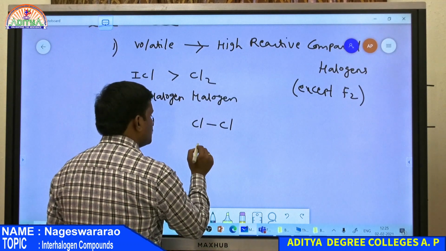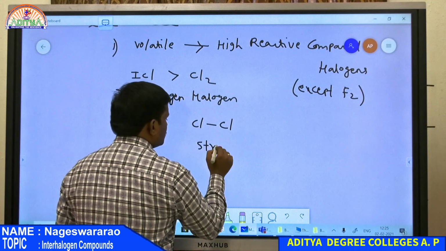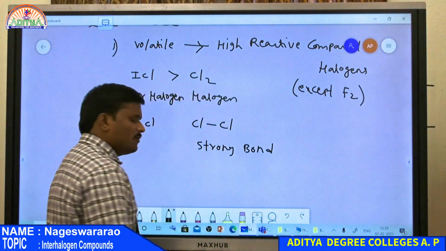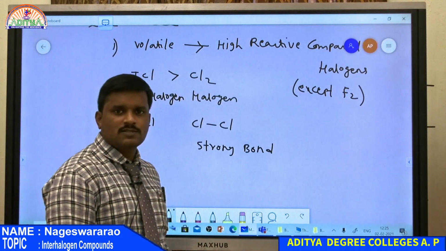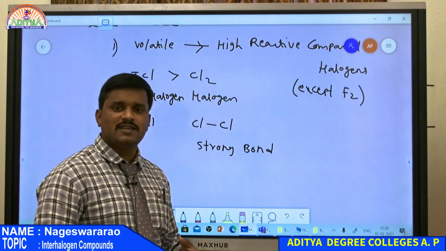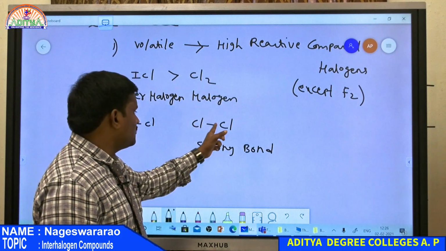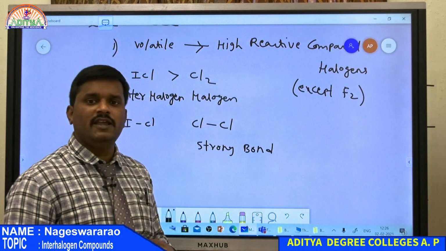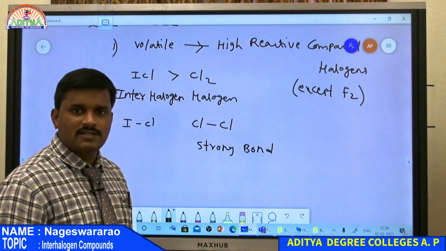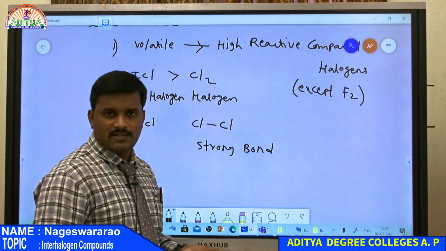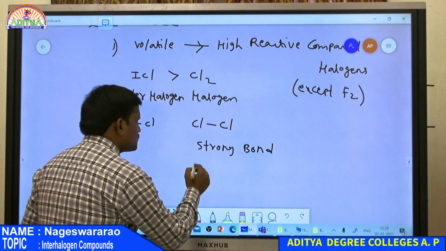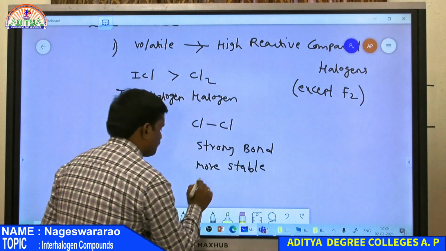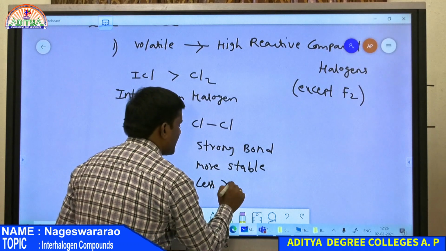Each attracts electrons towards itself, therefore this bond strength is very high. This is a strong bond. As the bond strength increases, stability also increases. Therefore it is more stable, and more stable means less reactive.